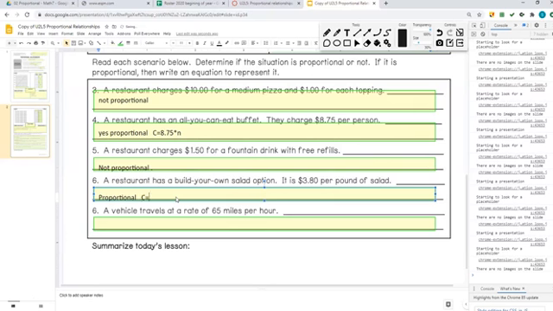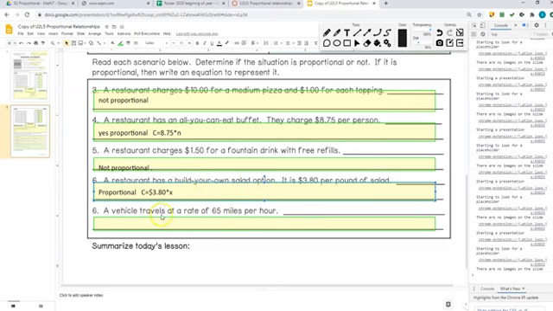Our cost equals $3.80 times the weight of the salad. I'm just going to use X. I would think of something per pound, but I didn't want to use P for pounds. Alright, so here our cost is based on the number of pounds we had.